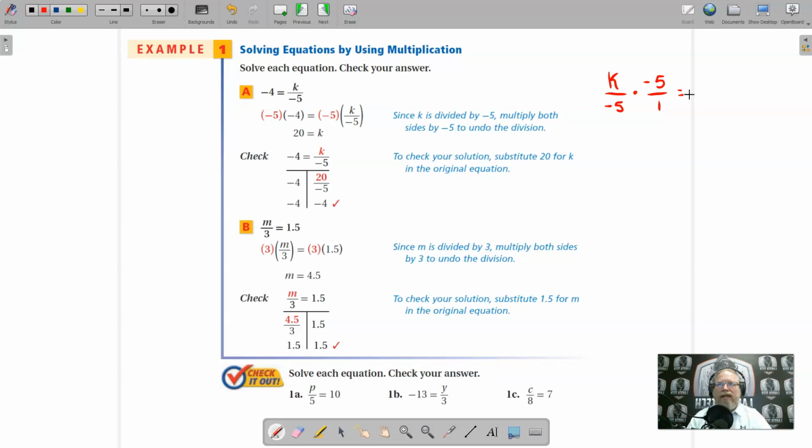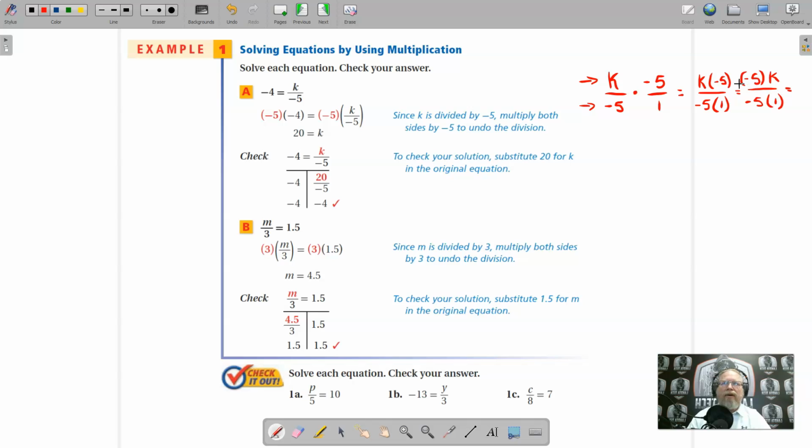Now, if I put this back together, if I go ahead and do a fraction multiplication, just multiply straight across, I would get k times -5. And at the bottom, I would get -5 times 1. Now, if I go ahead and use the commutative property of multiplication, I switch the -5 and the k and change their positions, and down here I'll leave the -5 and the 1 in the same order.